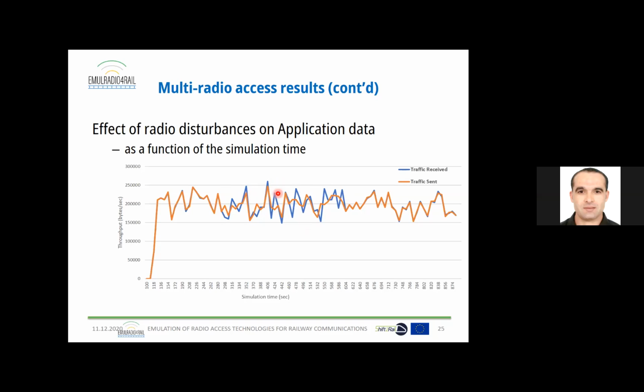So these disturbances remain minimal in comparison with the losses observed at the transport level and the LTE link level. And this clearly shows that MPTCP is able to improve the resilience of exchanges to possible disturbances on radio technologies.